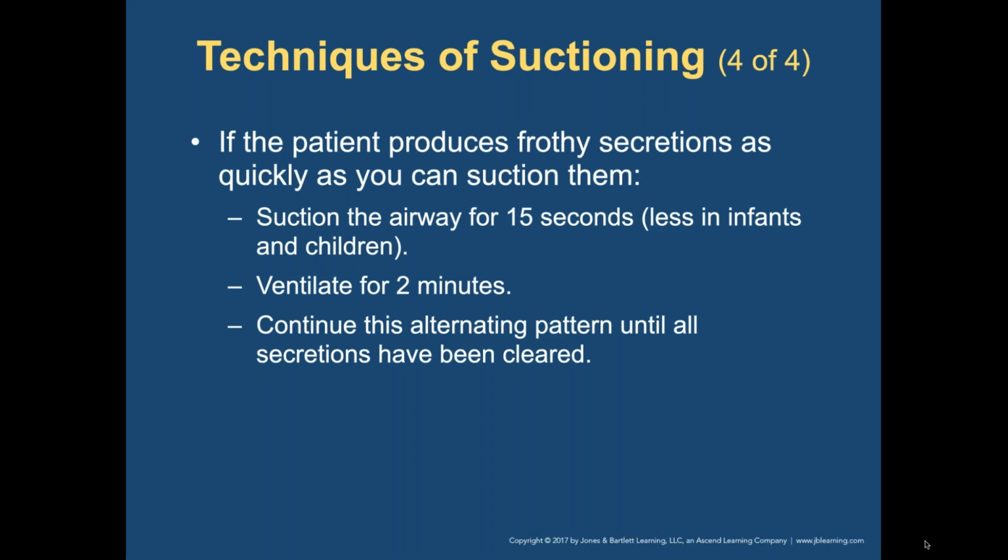So how are we going to do that? There you go, the BVM, right? Bag valve mask. So after the 2 minutes, suction them again, and then go back to ventilations. Continue this alternating pattern of suctioning and ventilating until all secretions have been cleared from the airway. Hopefully, you can do that.